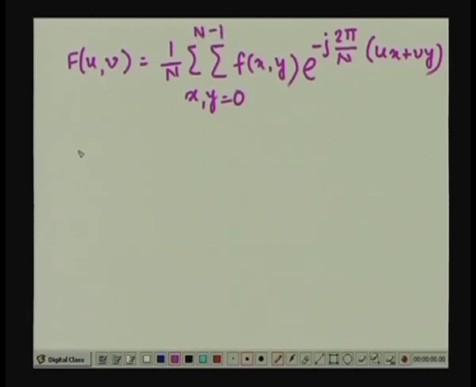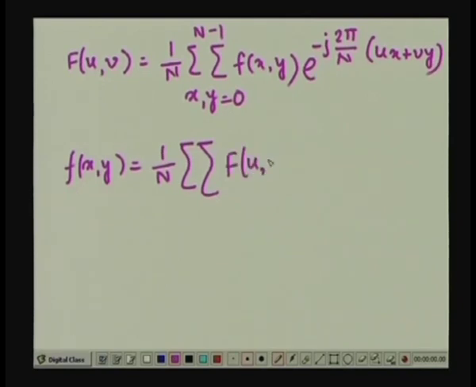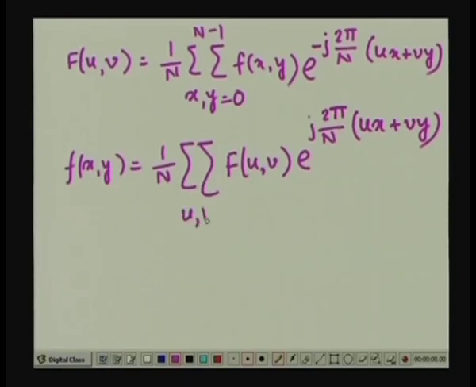And similarly, the inverse Fourier transform f(x,y) will be given by 1 upon capital N double summation F(u,v) e to the power j 2 pi by N (u x plus v y), where the variables u and v will now vary from 0 to capital N minus 1.